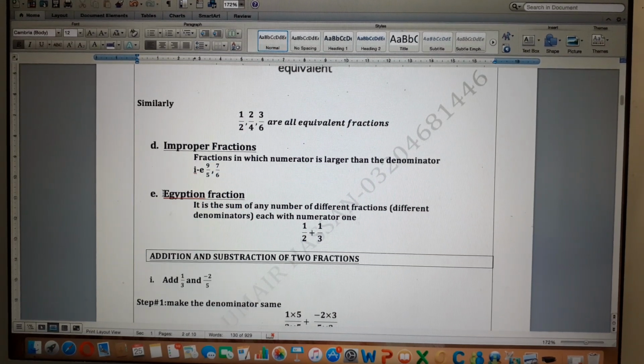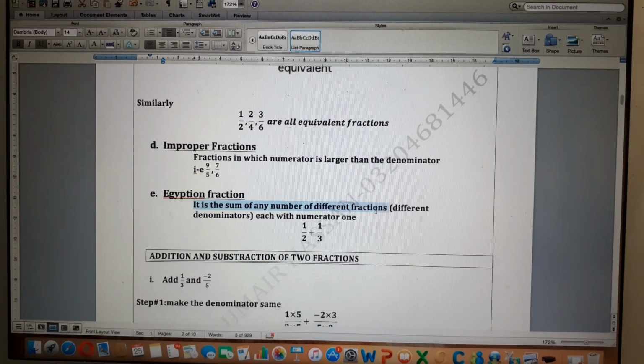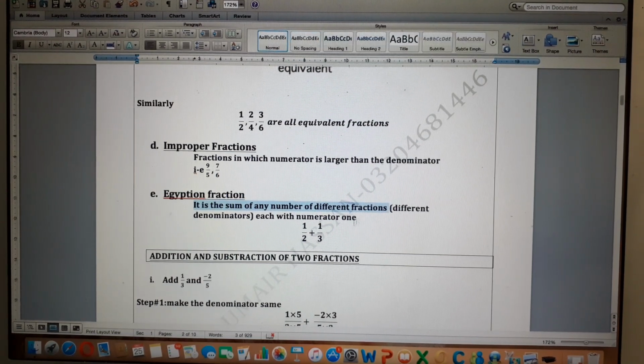Now what about Egyptian fraction? It is the sum of any number of different fractions. Like here you can see, we are basically adding these two fractions. But what is the condition here? Each fraction has a numerator 1.